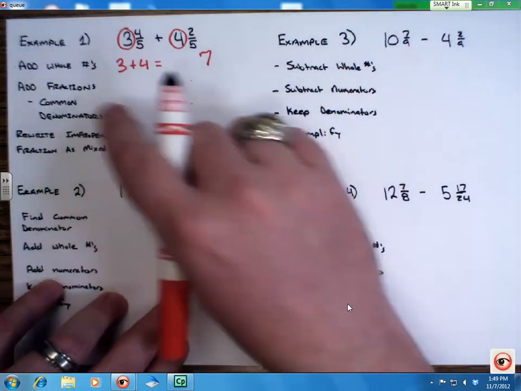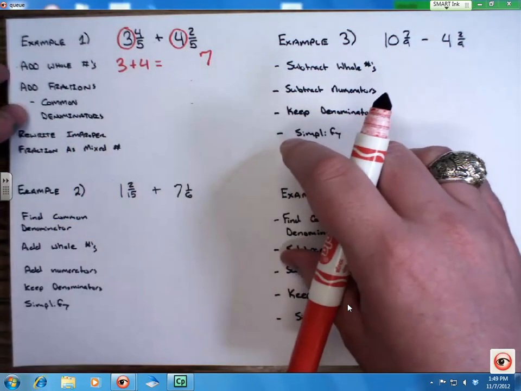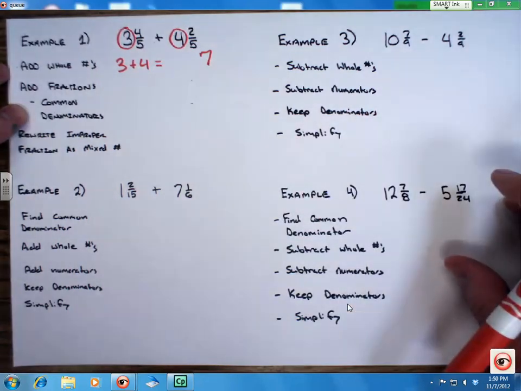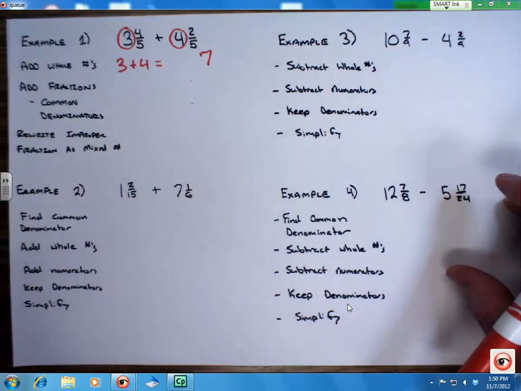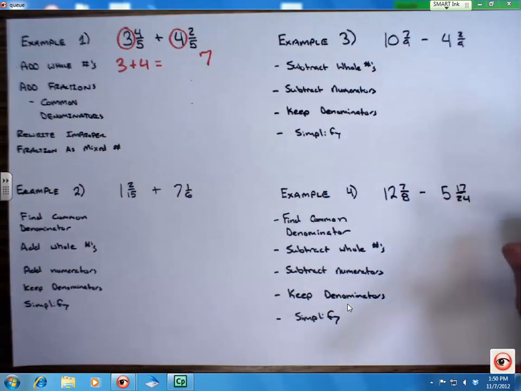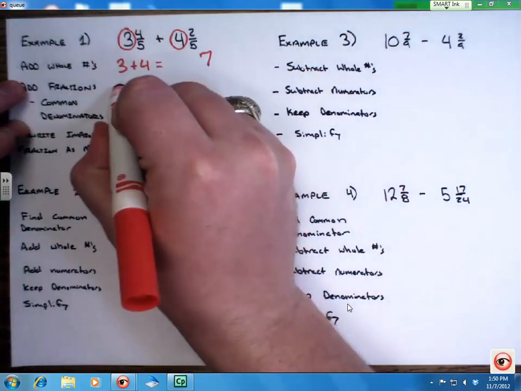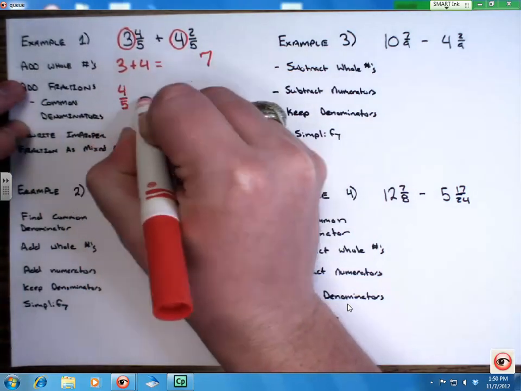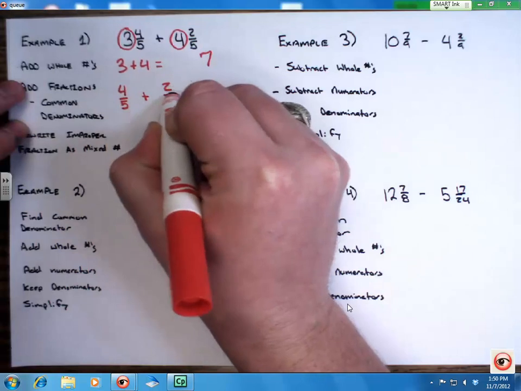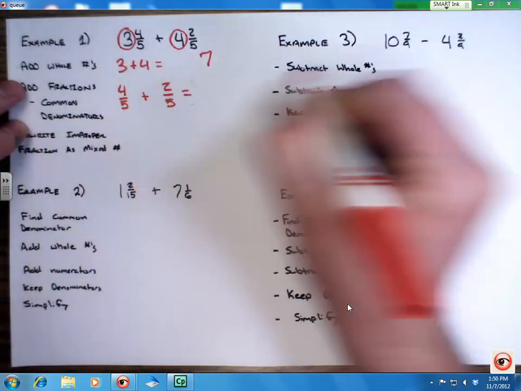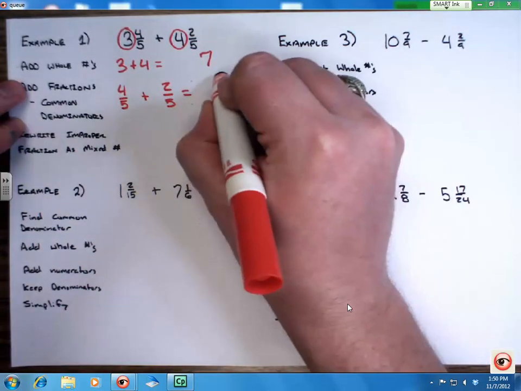The next thing we're going to do is add our fractions, which remember, when we're adding fractions, we have to have common denominators. Now this one already has a common denominator, so we don't have to do anything else to fix that. So we're going to have our 4/5 plus our 2/5. That's going to give us 6/5.